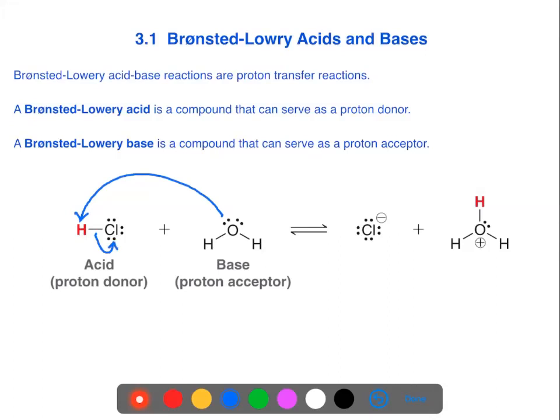And so the net result is we end up with the hydronium ion, H3O+, and the chloride ion as well. And so this is a typical example of an acid-base reaction. And again, the overall change is that of a proton transfer from the acid to the base.